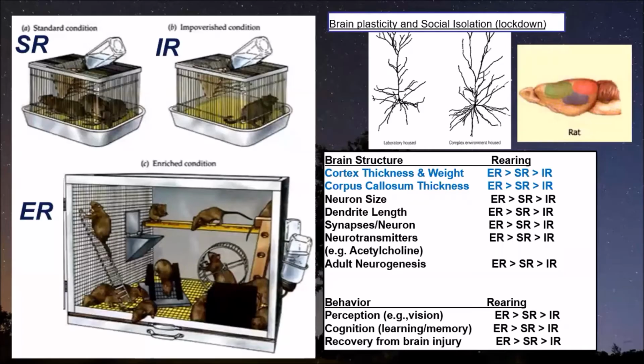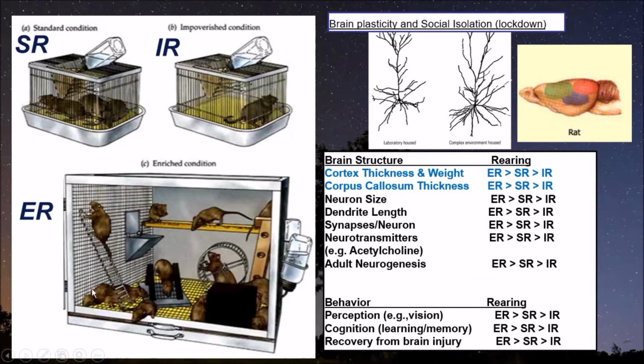Okay, all right, so we've all gone through lockdown, through COVID, and one of the things that happens with social isolation, which most of us have experienced to some level, is our cells shrink their processes. They lose their myelin, and we can see this very readily in rat studies.